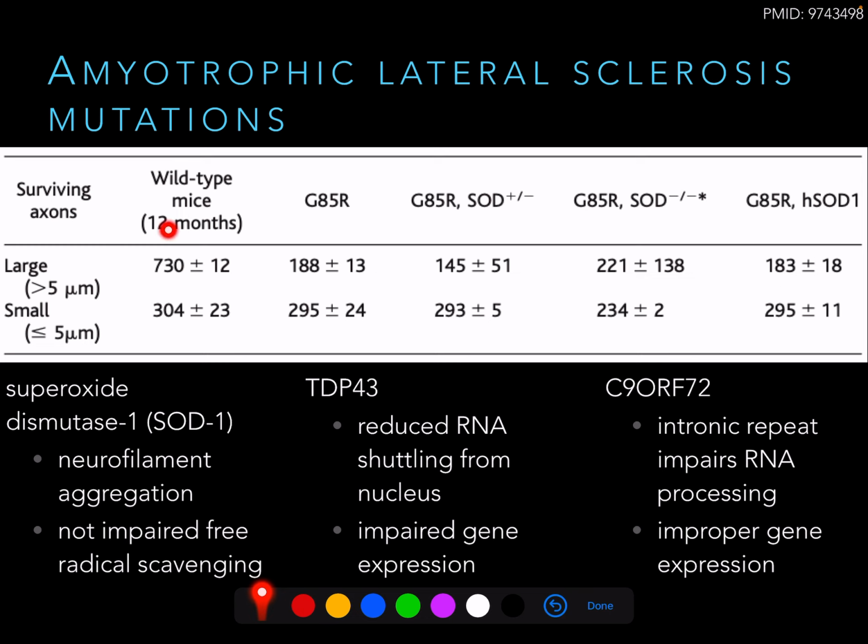Okay, here's what we should see in a year-old mouse, somewhere around 700 or so of these axons. Here's a SOD1 mutant that we see in ALS. So here's our ALS mouse model, and notice far fewer motor neurons. Okay, sensory neurons not really affected. Motor neurons, absolutely.